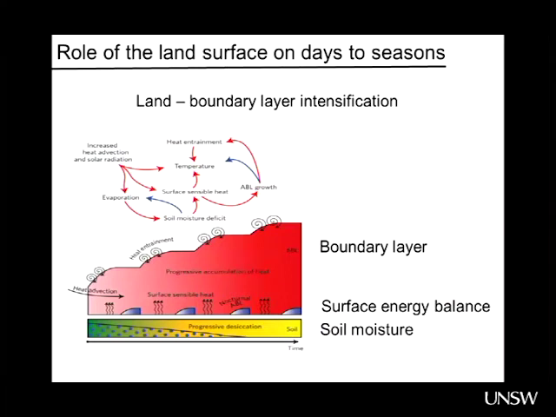If it's blocked for a few days in summer, you might get a heat wave. If it's blocked for a few months or longer, you might start to get droughts. So we're interested in how that land surface is intensifying those sorts of synoptic scale processes.